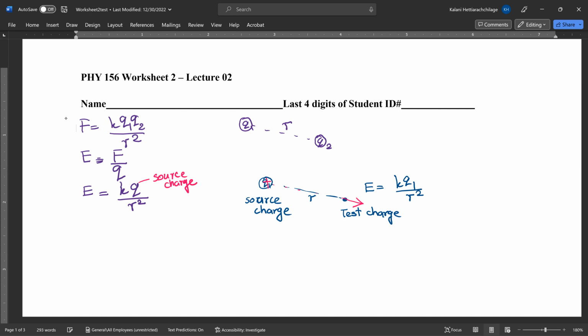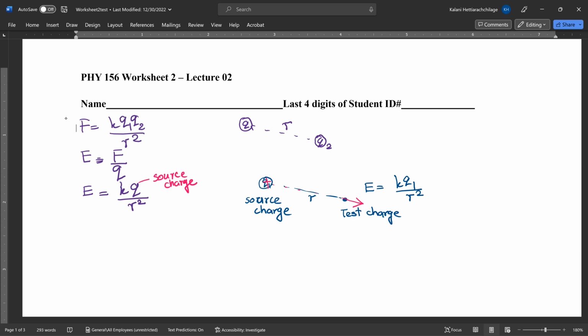If it is a negative charge, the test particle is going to be absorbed into the negative charge, so that will be the inward direction towards the negative charge. We discussed this in the theory, but this is the basic idea, right? Now, if you have many source charges, again we have to use the superposition principle and keep adding vectors using the directional information and magnitude. So that is the theory part of this.